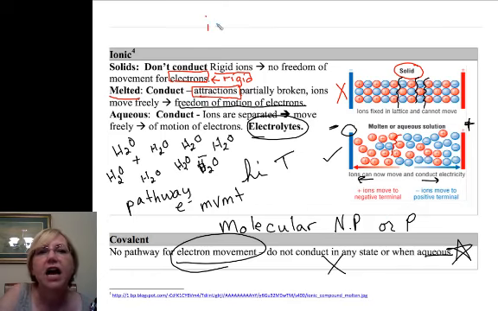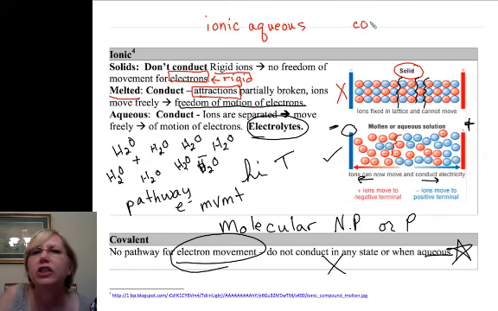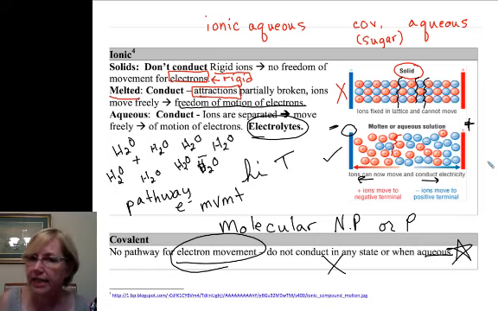So this could be a test for us versus, say, a covalent, maybe sugar. If you have sugar dissolved in water, it's attracted to water, but one will conduct electricity and one will not. So it's a way we can distinguish or identify an unknown within a solution, which would be a fun lab to do.